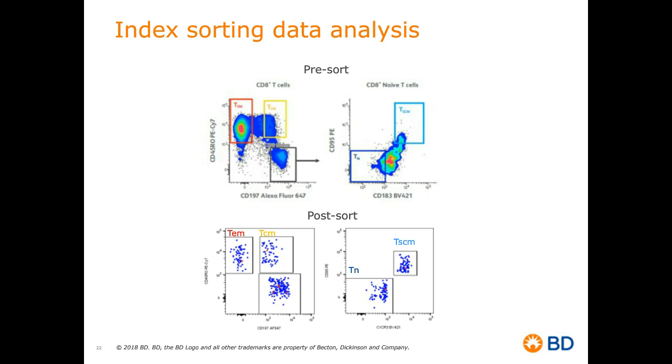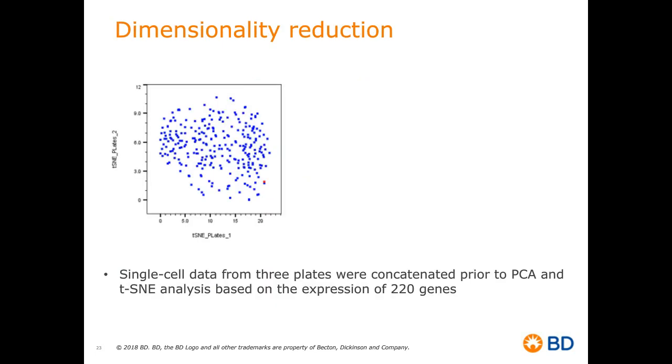After looking at the protein expression, now we're going to look at the gene expression. And to facilitate the visualization of cells with differential gene expression, we are going to perform a dimensionality reduction, where we start from a principal component analysis followed by a t-SNE analysis based on the expression of the 220 genes.